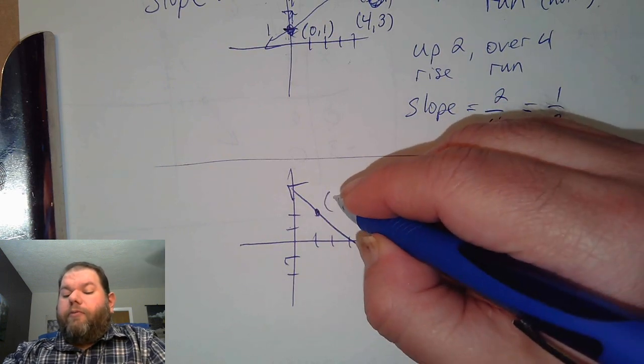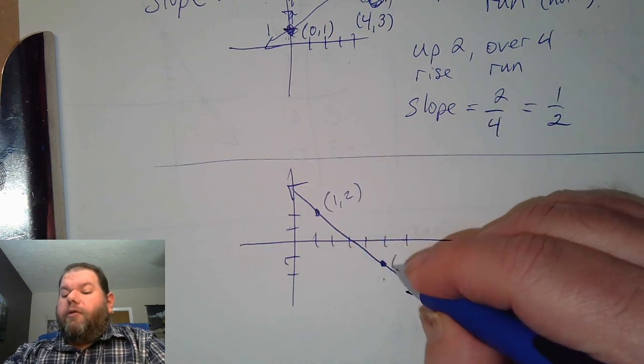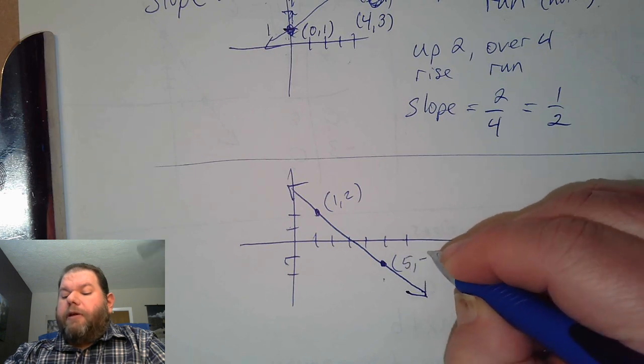Here we have the coordinate 1, 2, and here we have the coordinate 5, -1.